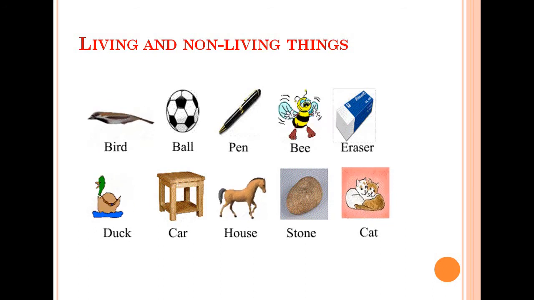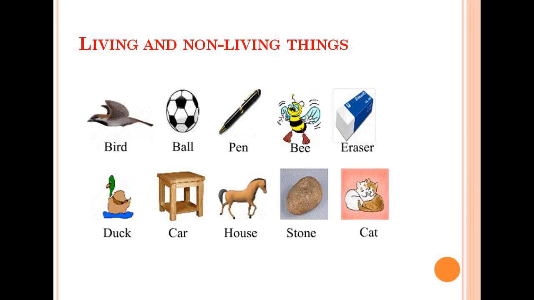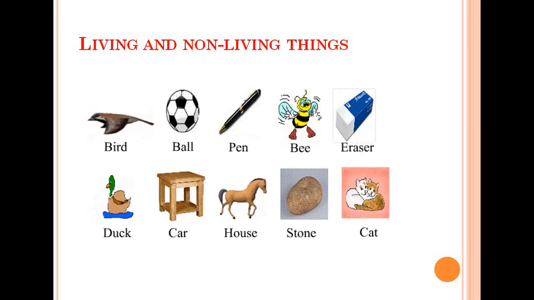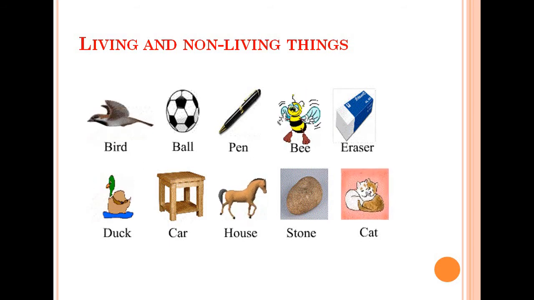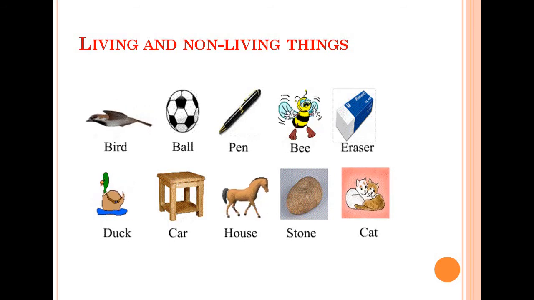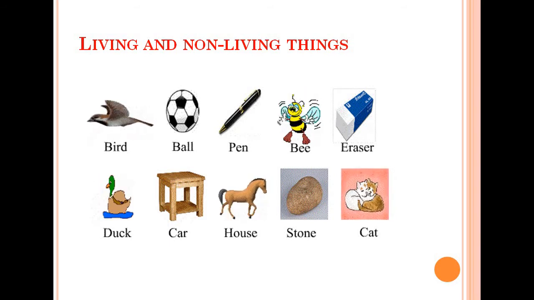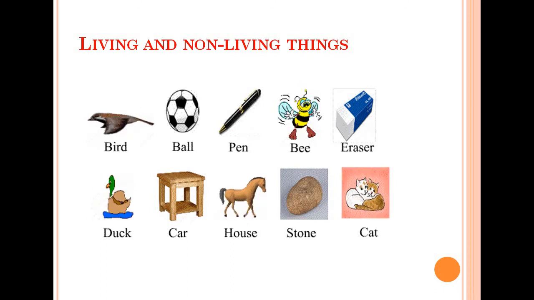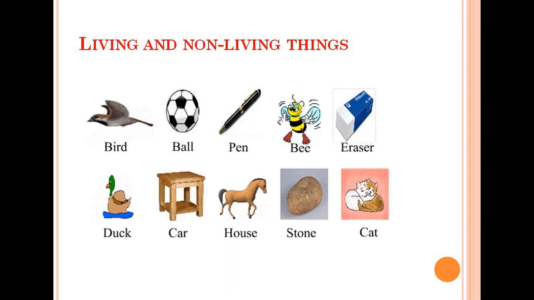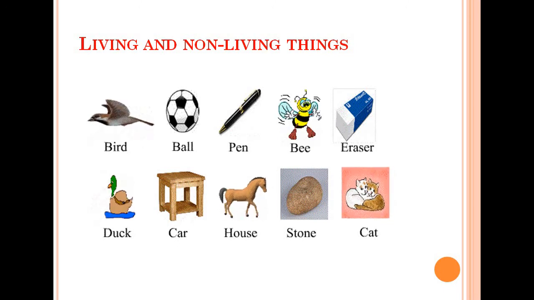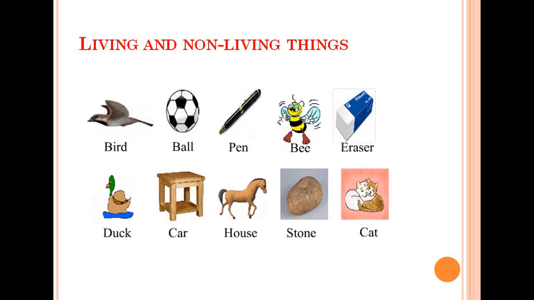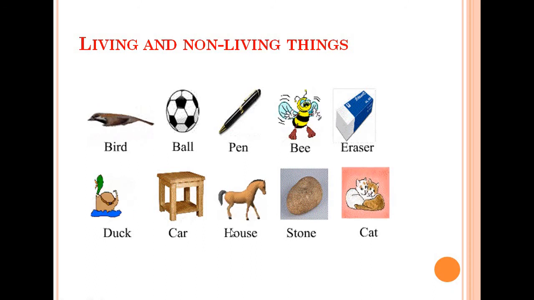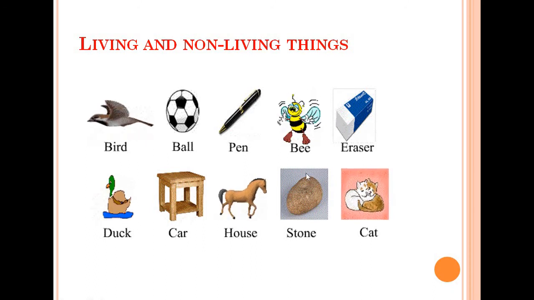So what does it mean? It means that this picture is providing us one of the differences between living and non-living things, that is movement. So from this picture we can understand that living things like bird, duck, horse, cat, bee can move.